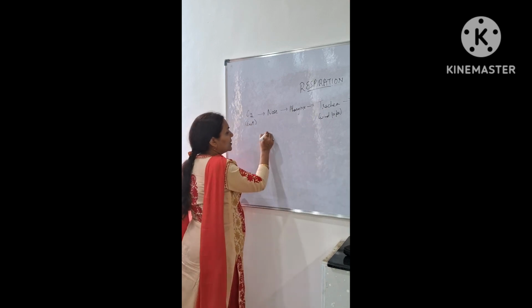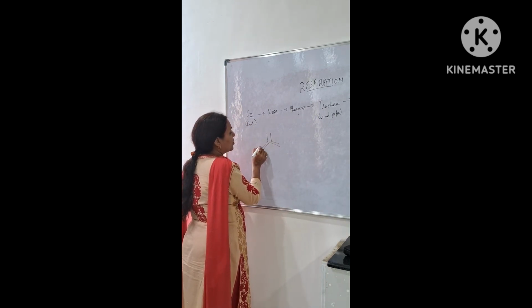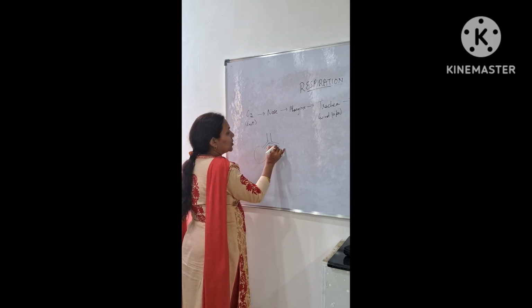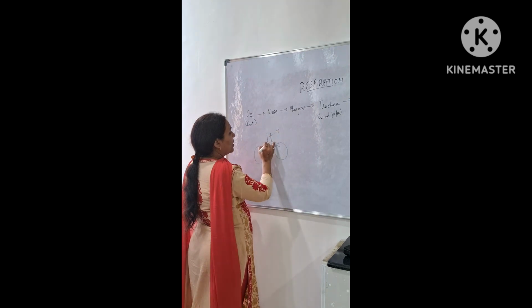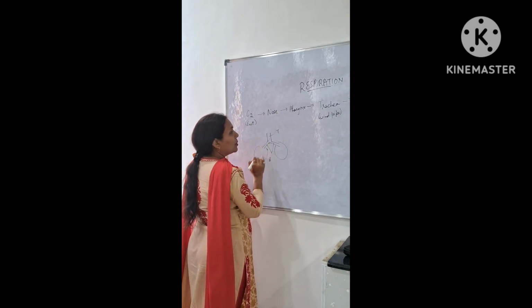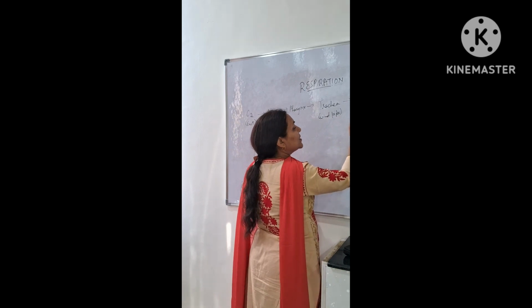Now, trachea is one single tube. This gets divided into two because we have got two lungs. So, this is trachea and these two are bronchi. Bronchi lead to bronchioles.